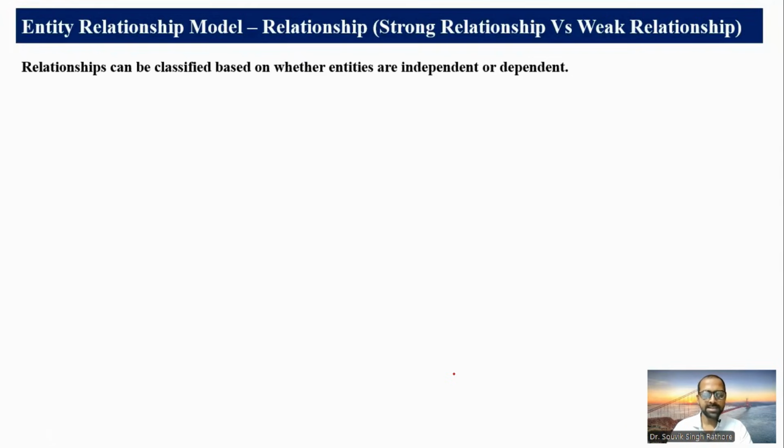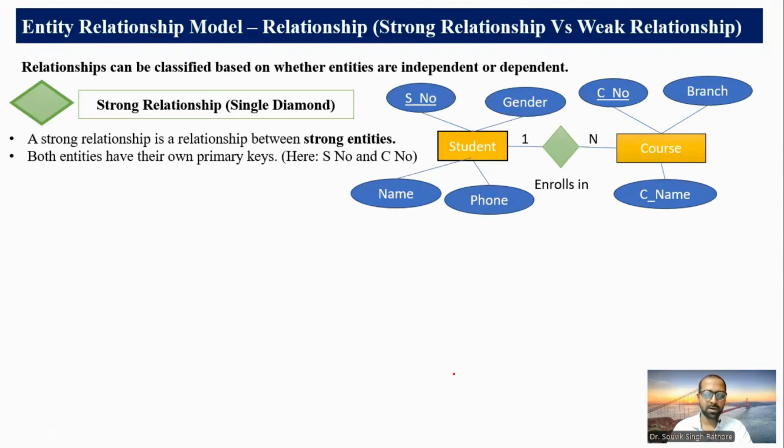So let us understand what a strong relationship is with the help of an example. A strong relationship exists between strong entity types. I think we have discussed this in our previous lectures, but let's revise it once again. In a strong relationship, each entity type can exist independently and has its own primary key.